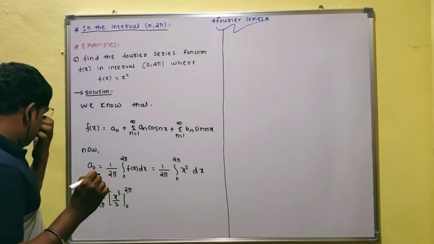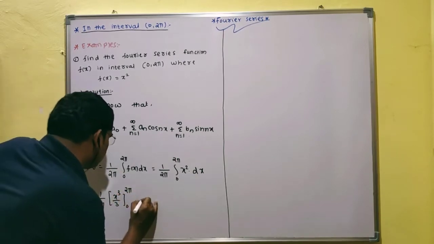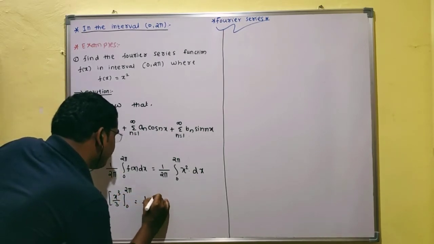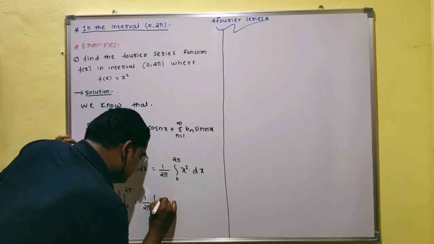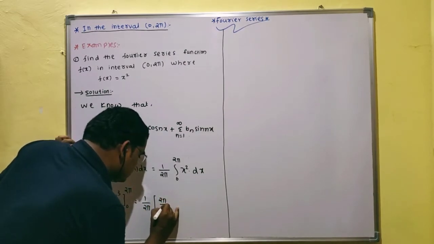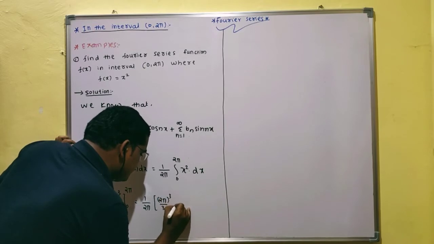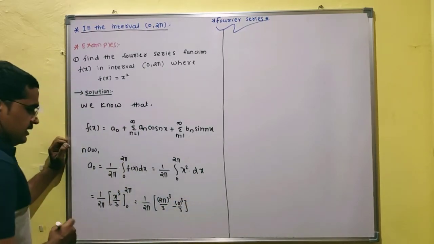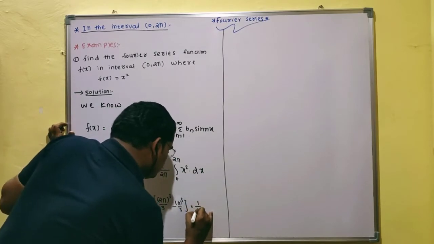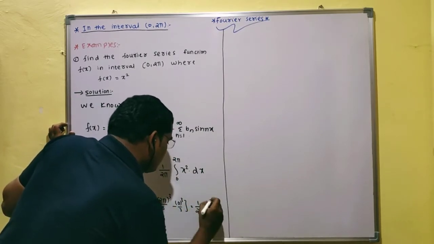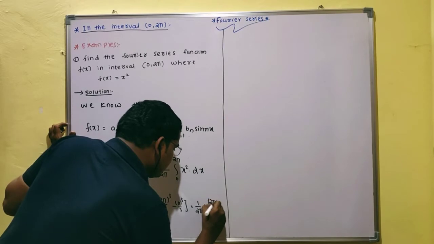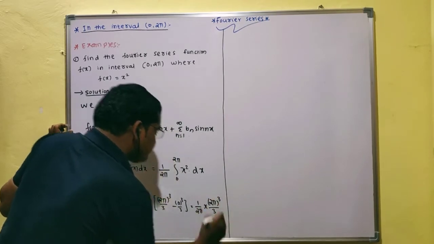Now the next step, which is equal to 1 upon 2 pi, put the upper limit minus lower limit. This is nothing but 2 pi cube minus 0 cube, divided by 3. Which is equal to 1 upon 2 pi into 2 pi cube divided by 3.